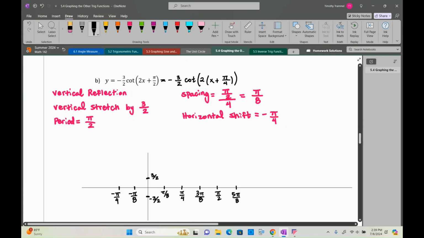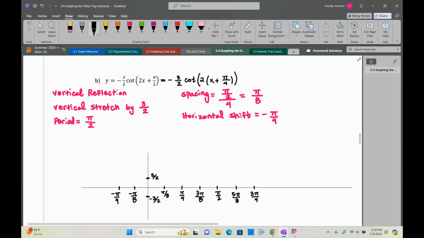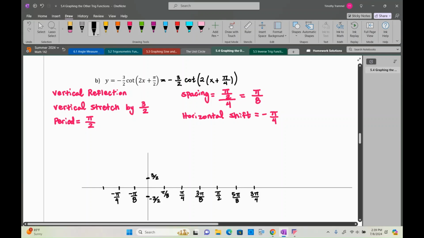And I'll end on this side at least with a 3 pi over 4. So that would have been 6 pi over 8, which simplifies to 3 pi over 4. And on this other side, I'm going to add in 2 more tick marks. There we go.